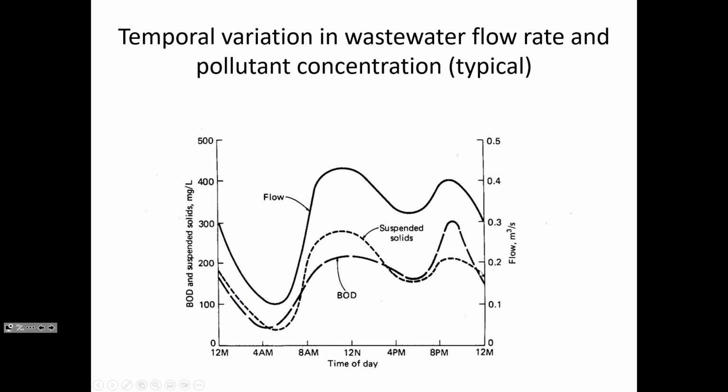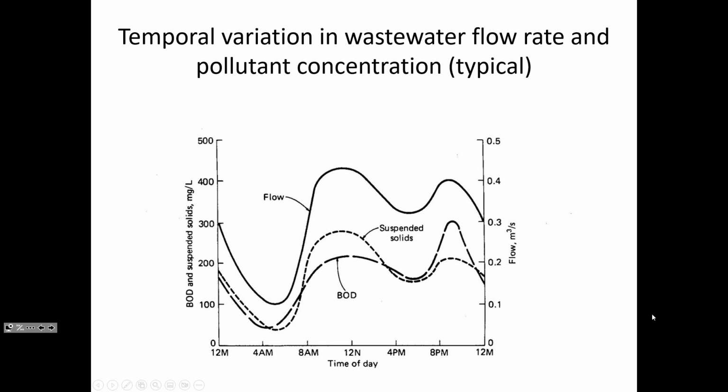And in the afternoon, a greater proportion of the wastewater is actually what's coming from people's houses or from the industrial processes. And so in spite of the fact that the flow is varying, the strength of the waste is also varying a lot.